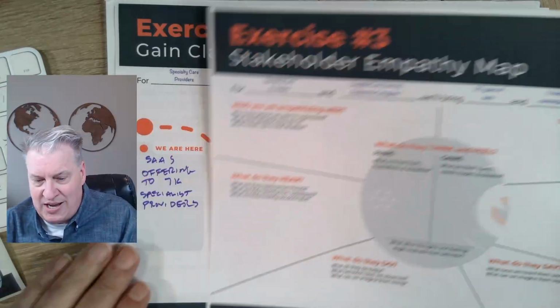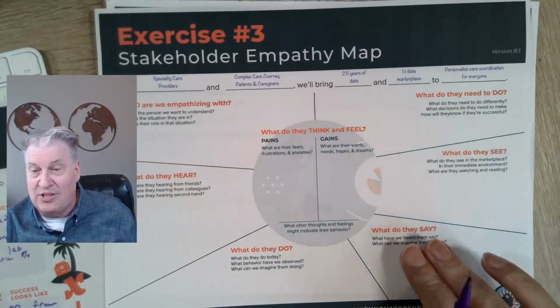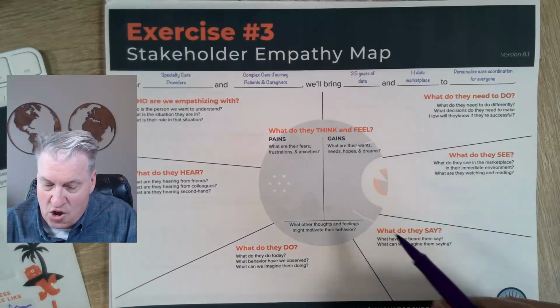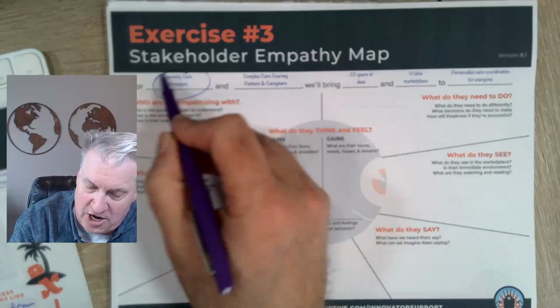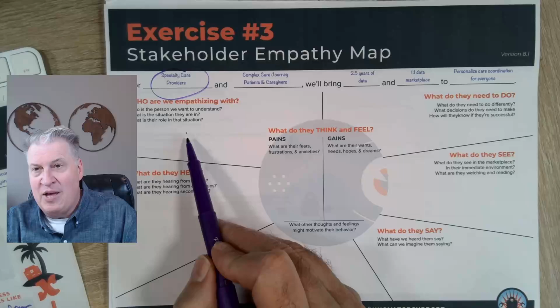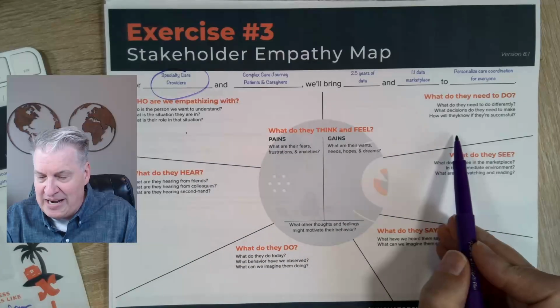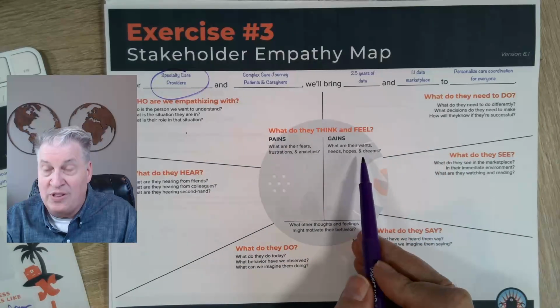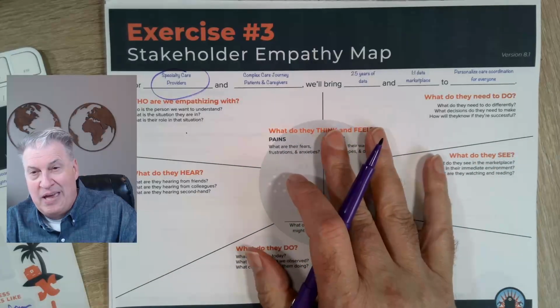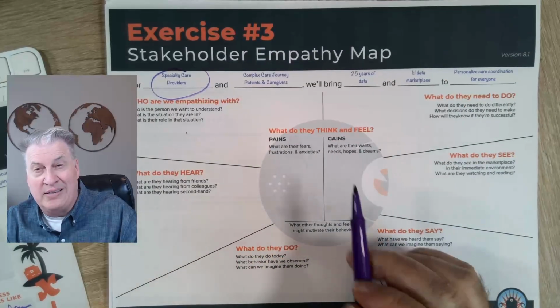We can start saying, let's take some of these ideas and let's build them empathy maps. So if we really want to dive into what it is that these specialty care providers need, let's talk a little bit about who they are and what they actually need. What do they need to do? What are their pains? What would be a gain for them? And we can dive deeply into this with them and actually build a really strong ICP.